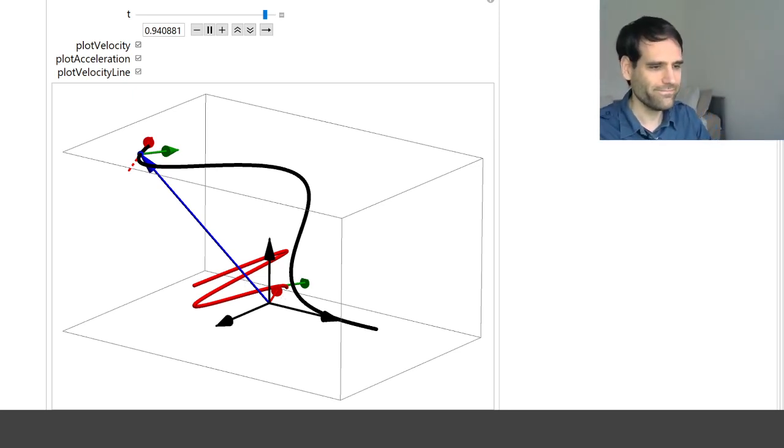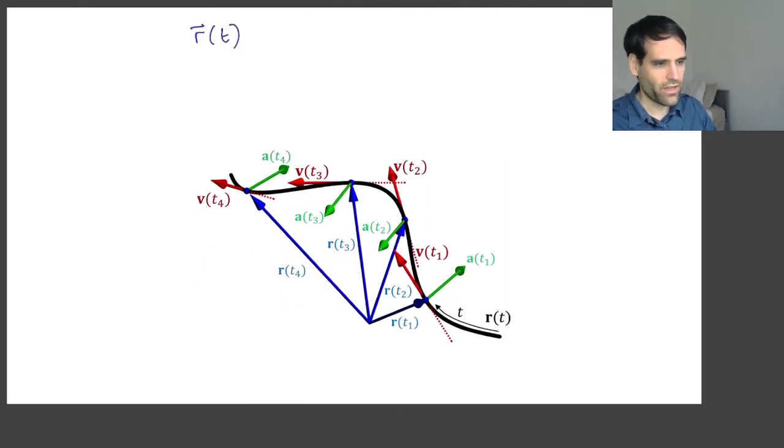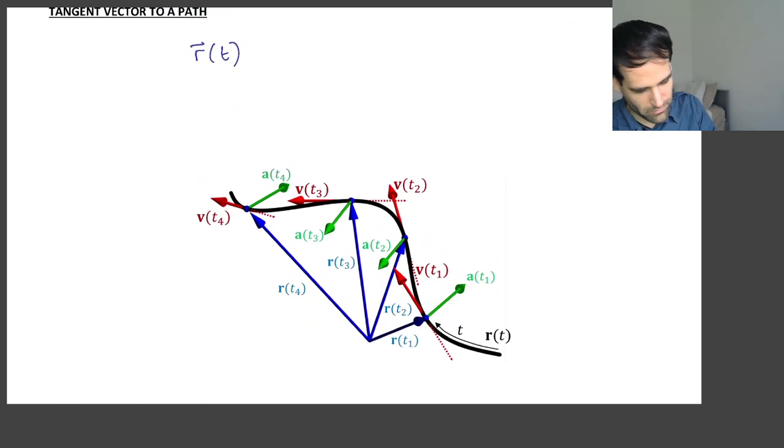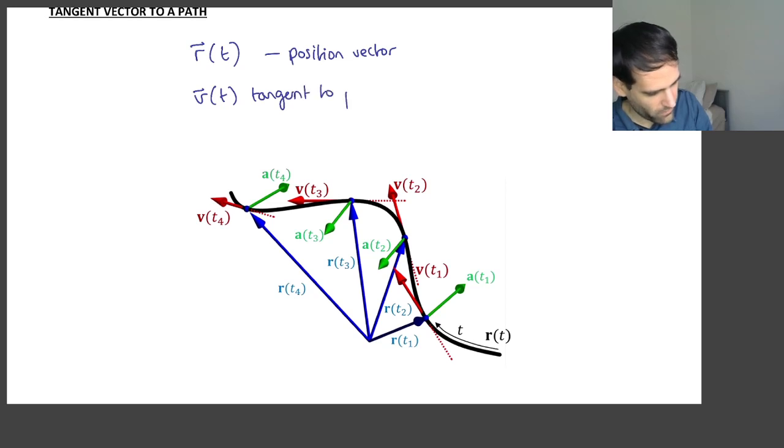Okay, so that is what I'm trying to show here in the notes. So if you have the position vector r(t), then the velocity vector, which is tangent to the path of r(t), is given by the derivative.